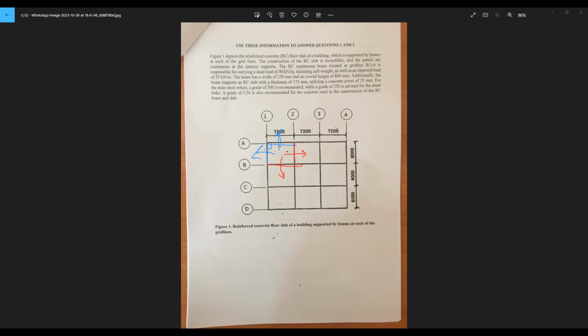Do you get it? So our first panel, which is panel 1, we can say is two adjacent sides discontinuous.